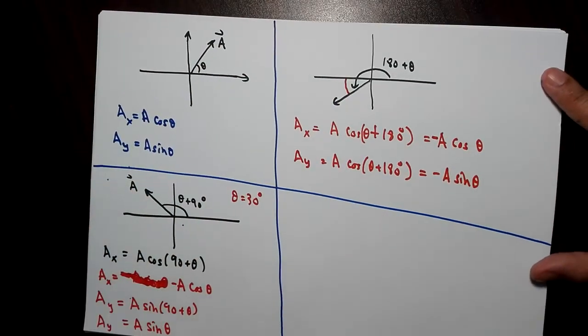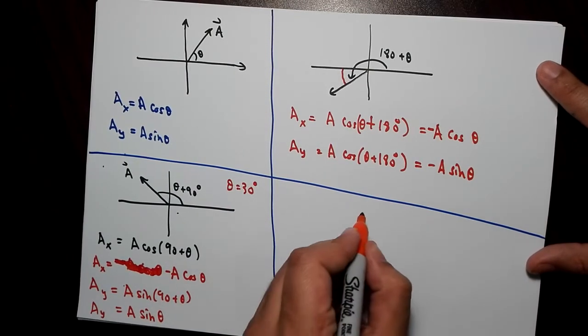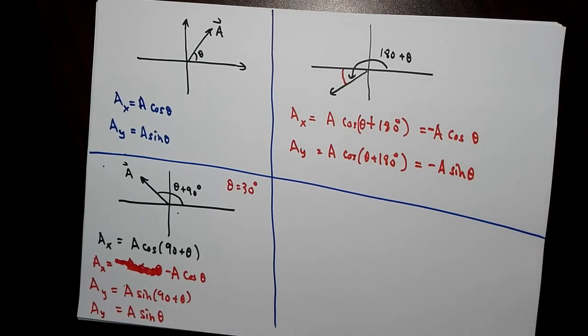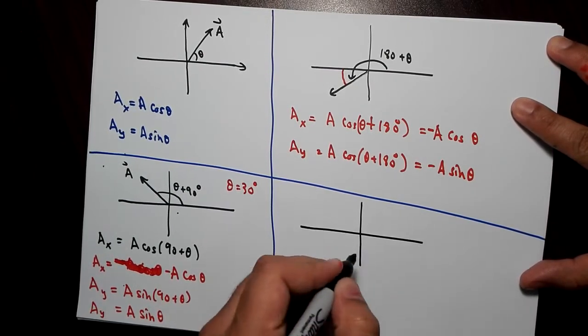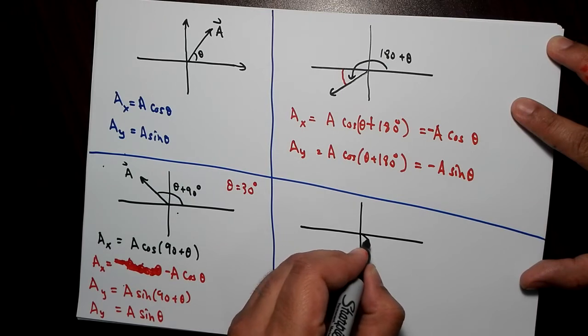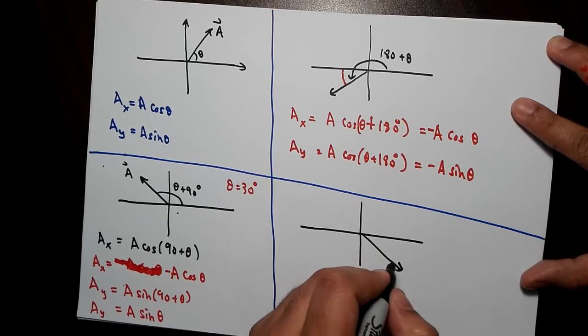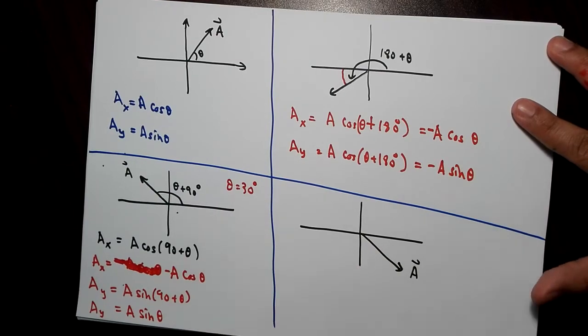Right. Now let's do the last thing. Let's add 270 degrees. If you add 360, you come back to where you were. But we're going to add 270 degrees. Then you'll bring your vector into the fourth quadrant, right? So this is your vector A now, okay?